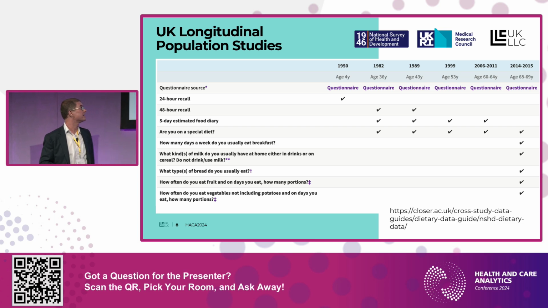And you can see the data started to be collected on diet at age 4 in 1950, and then, well, not continually, but at cross sections right through to age 70 in 2015. And it's this long-term investment which enables the sorts of research which I've just illustrated.